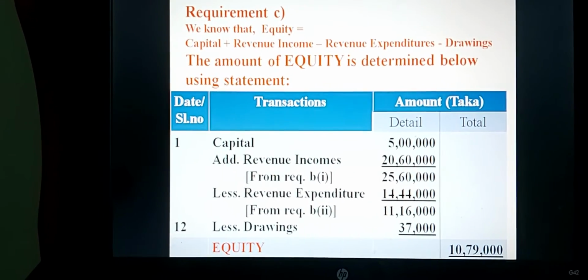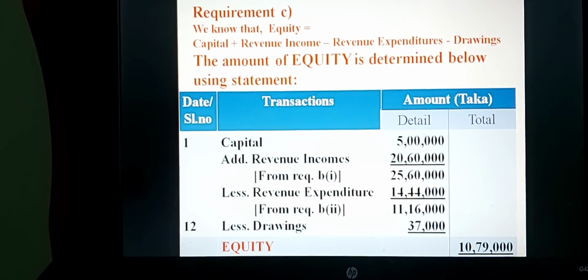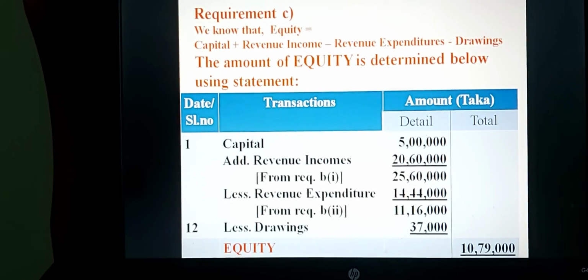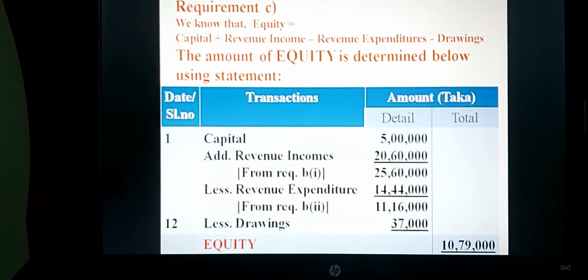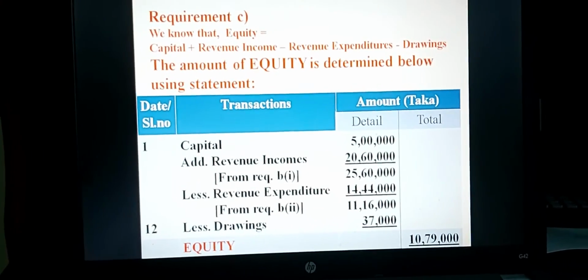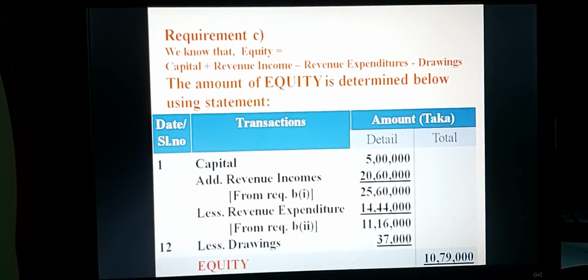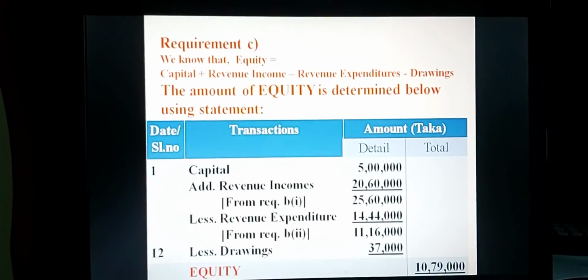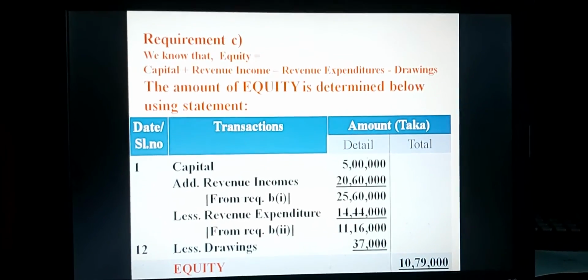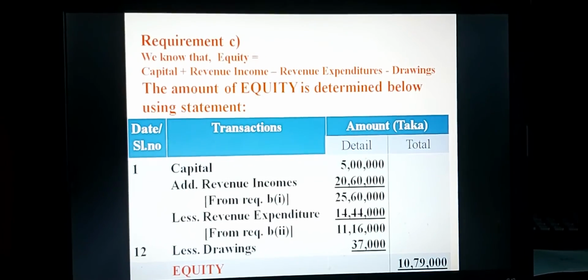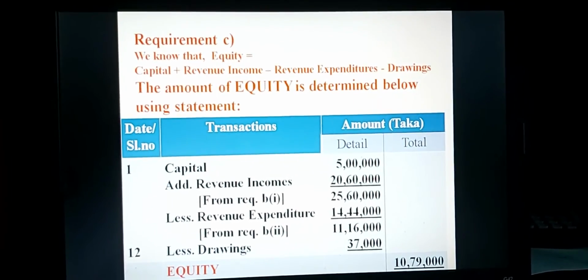Serial number 1, capital invested, taka 5 lakh. From the stem we can get this; you have to write it in the details column, taka 5 lakh. Add revenue incomes. We have already solved the revenue incomes in requirement B, so we get from B, part 1, 20 lakh 60,000. 5 lakh plus 20 lakh 60,000 is equal to 25 lakh 60,000.